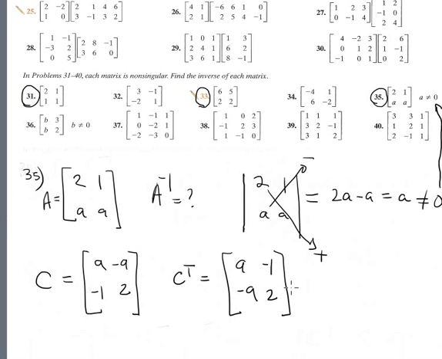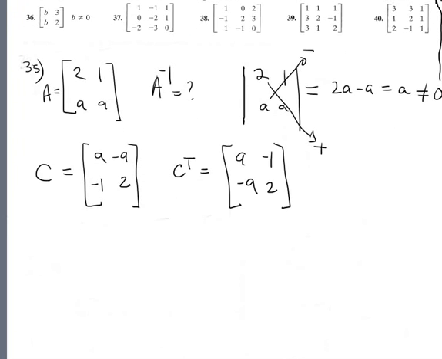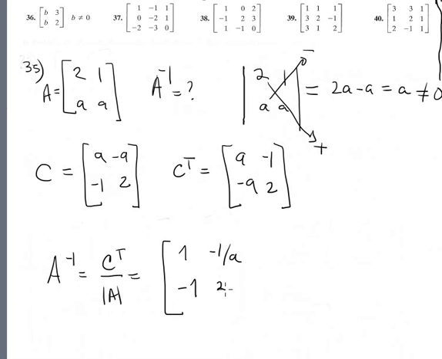And finally, the inverse is divided by the determinant A. The inverse matrix, as always, is the cofactor transpose divided by the determinant A. So you divide each element by A. So A divided by A is 1, negative 1 over A, negative 1 and 2 over A.